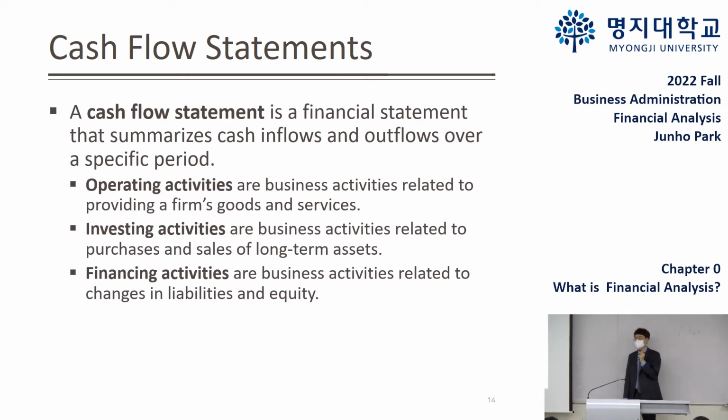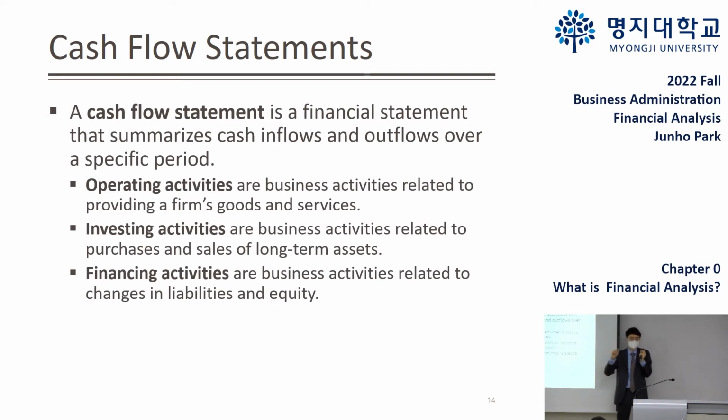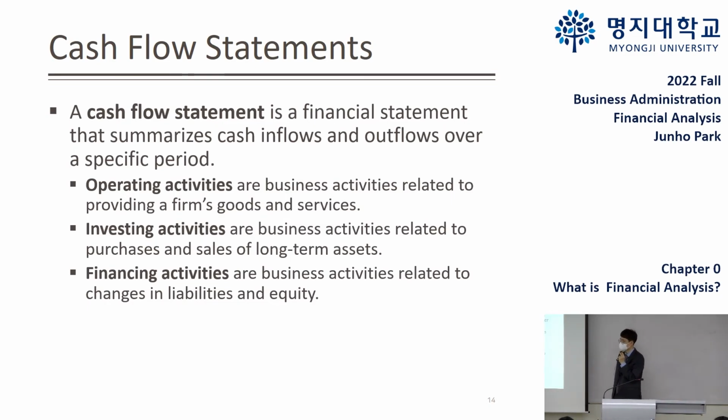The second is investing activities, but the term investing here has a narrower meaning: we purchase some long-term assets, for example, factories, facilities, PPEs. So if we purchase or sell some of our long-term assets, then we call them investing activities.